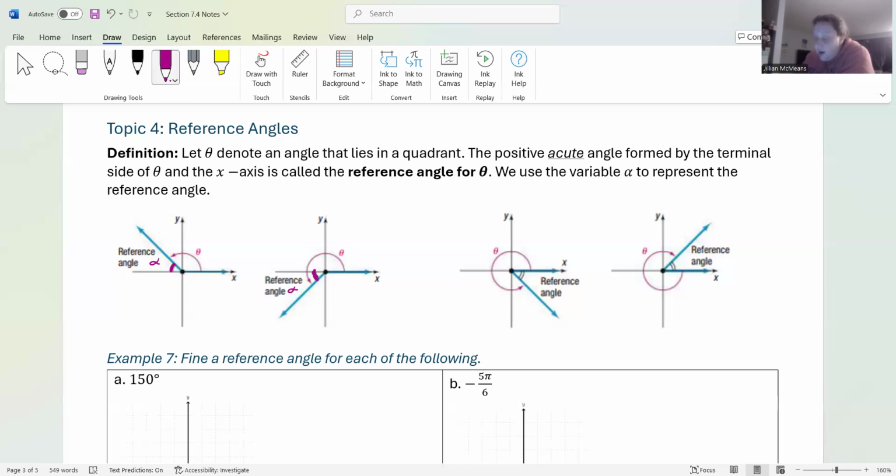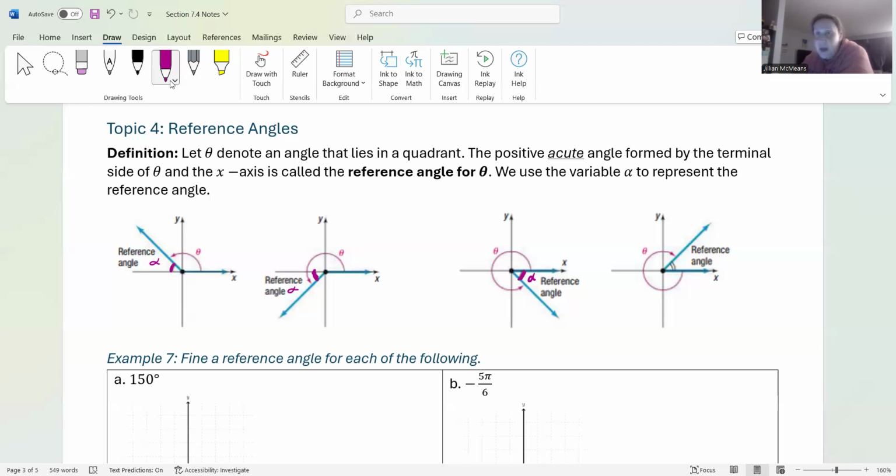If we can figure out how much further past the x-axis we went, that becomes our reference angle. Looking at this third drawing, we have a terminal side that's in quadrant 4. We haven't quite made it back to the x-axis, so how much further do I need to go to get to the x-axis? That's what alpha would be.